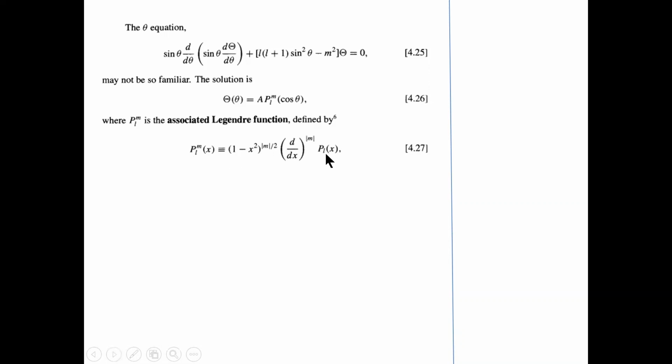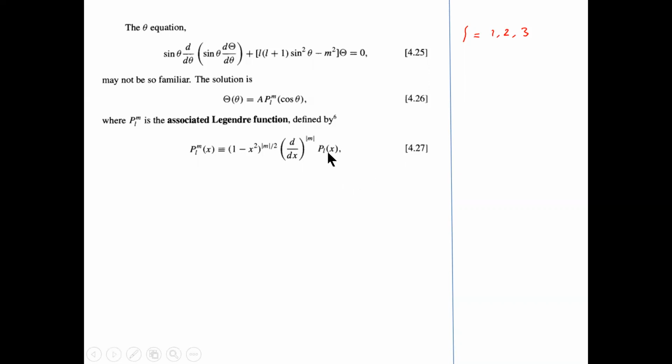P of L has a particular function, and L can take integer values, 2, 3. So for each value of L, there is a corresponding Legendre function.